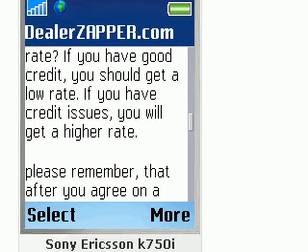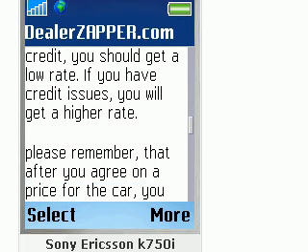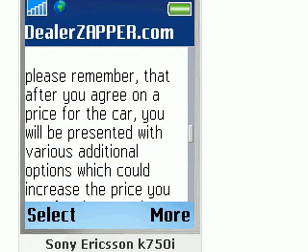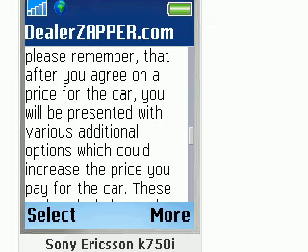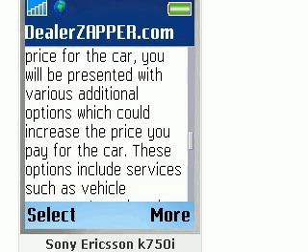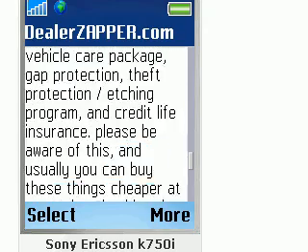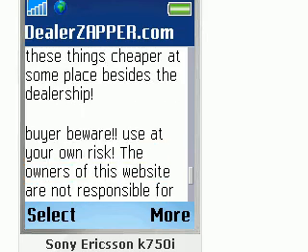Now, you have to remember that even after you agree on a price for the car, you'll be presented with various additional options, usually called financing and insurance, or the F&I department, that will increase the price of the car beyond these numbers. You have insurance and credit and life and road care packages and additional warranties and things like that. So you need to be aware that these will increase the price of the car past what we see here.